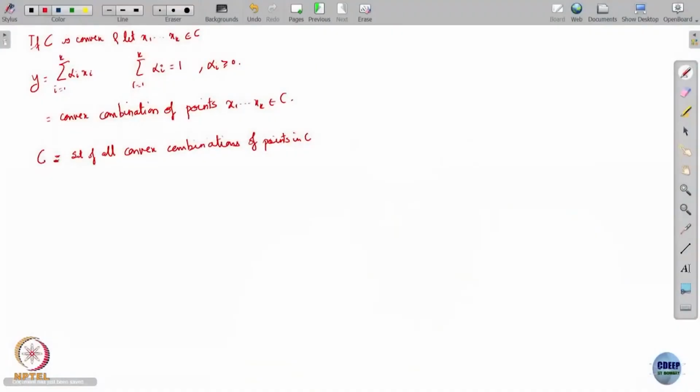Now since arbitrary intersections of convex sets are convex, we can again do what we did with an affine hull. So, let S be any set in R^n.